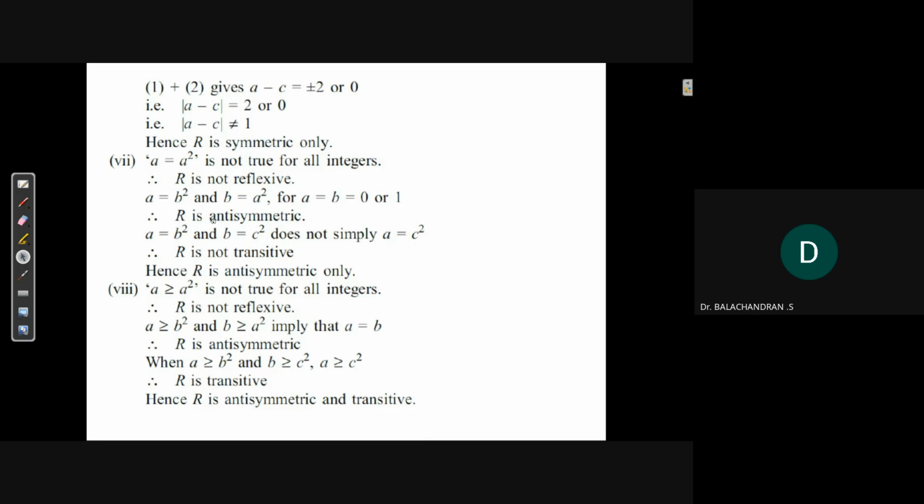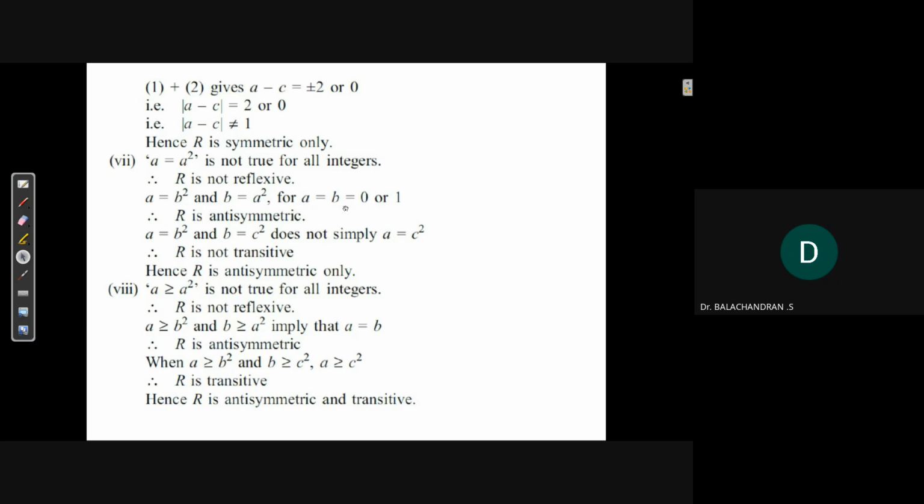So we'll check whether it is antisymmetric. Whenever a is related to b, that is a equal to b square, and b related to a implies b equal to a square, then a equal to b.